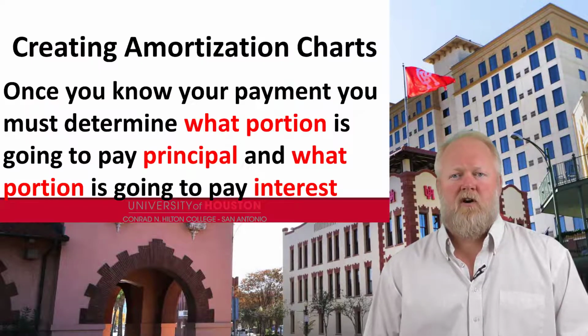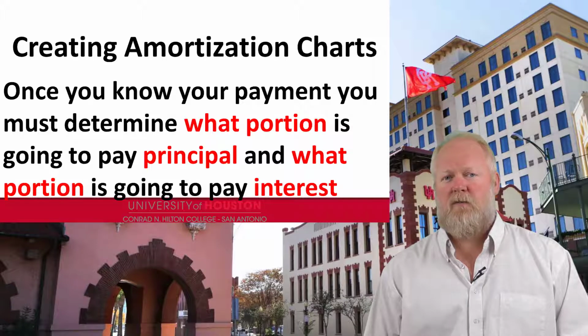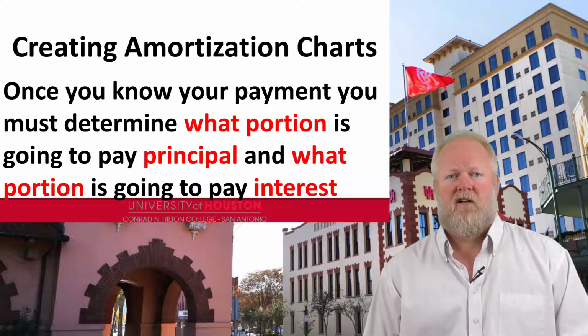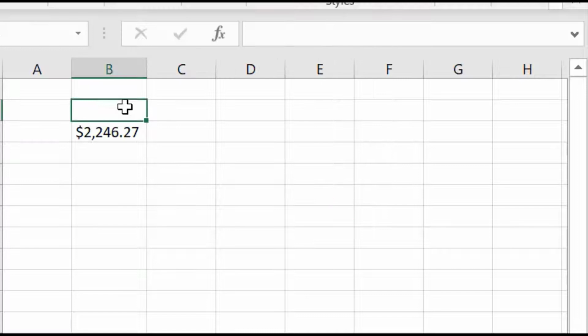Identifying the payment is the first step in creating the amortization chart. Once you know what the payment is, you need to determine what portion of that payment is going to pay interest and what portion of that payment is going to pay down the principal. The way you make an amortization chart is you have the payments in this column.